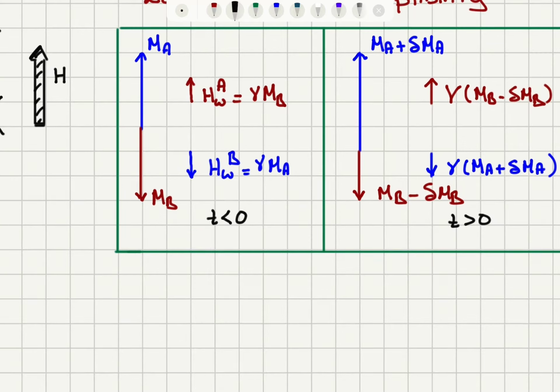The A sublattice was feeling a Weiss molecular field gamma MB pointing in the plus z direction, and the B sublattice was feeling gamma MA pointing in the direction of its magnetization.